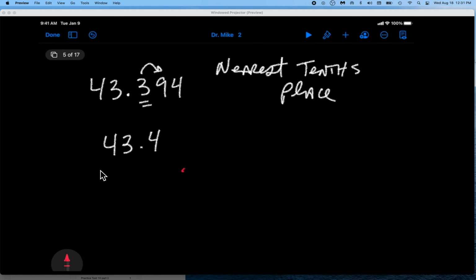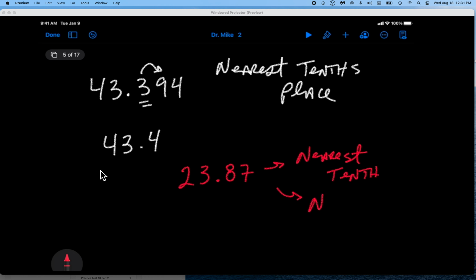What is 23.87 to the nearest tenth? And then a second version, I want the nearest whole number. Let's do the nearest tenth first.